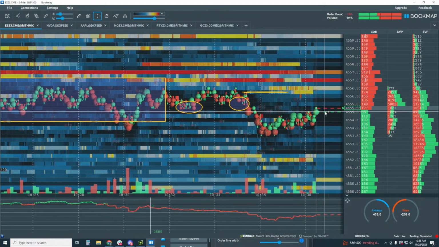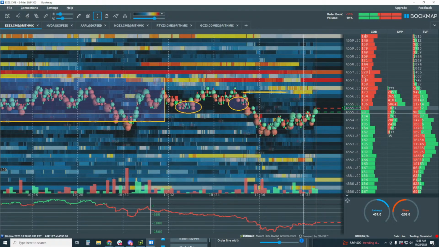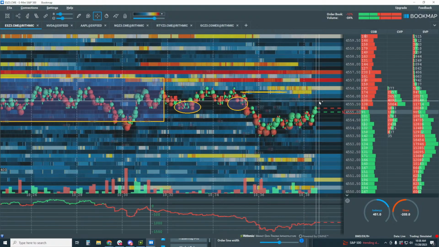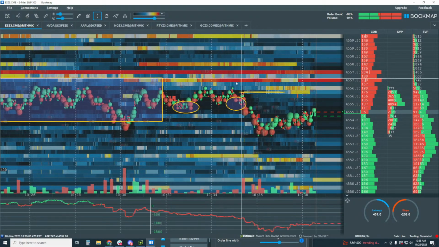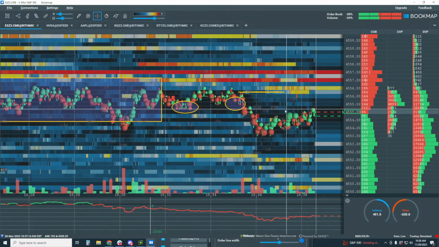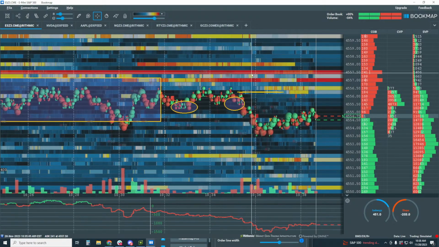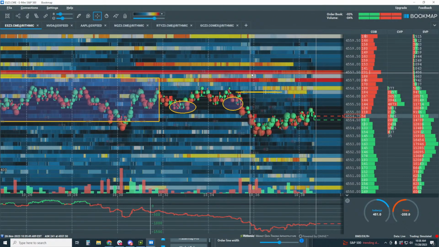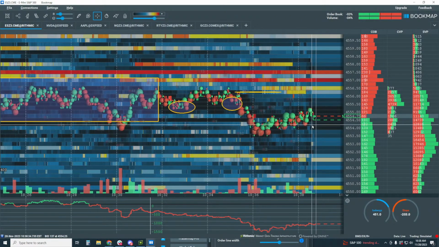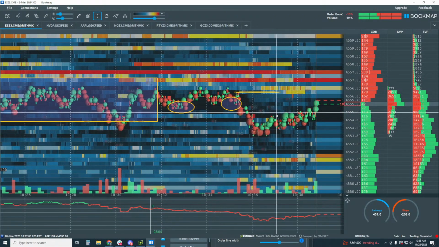Buyers back up here again, top of the little range. No insights right now due to this buying that's coming in. Just looking for the sellers to take it down here, and then this would be the trap volume.